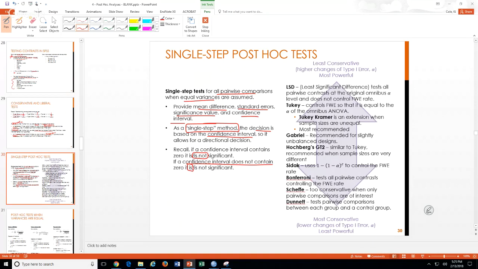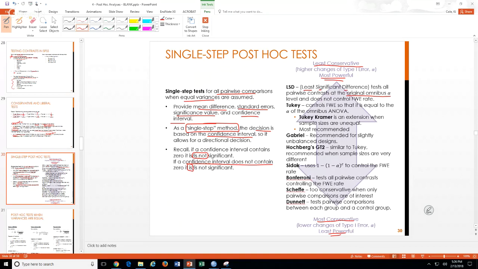So I have these ordered here from least conservative, meaning most powerful, to most conservative but least powerful. So the LSD, someone was familiar with that, tests all pairwise comparisons at the original omnibus alpha, but it doesn't control the family-wise error rate.